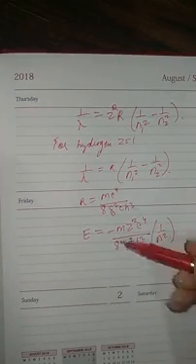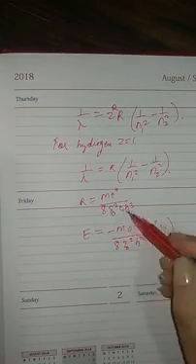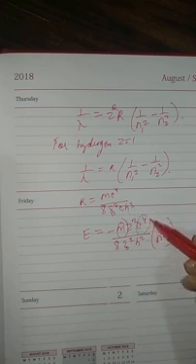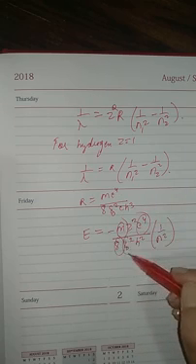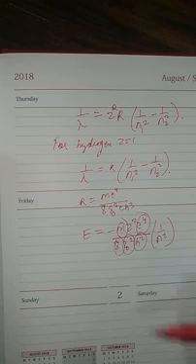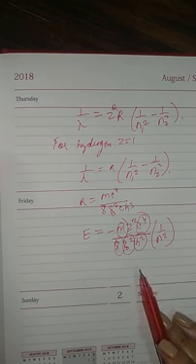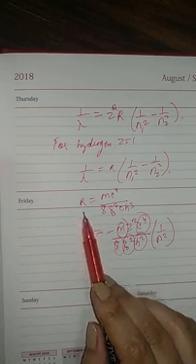In this place, if I replace this constant, m e to the power 4 over 8 epsilon naught square h square, then we can write R.